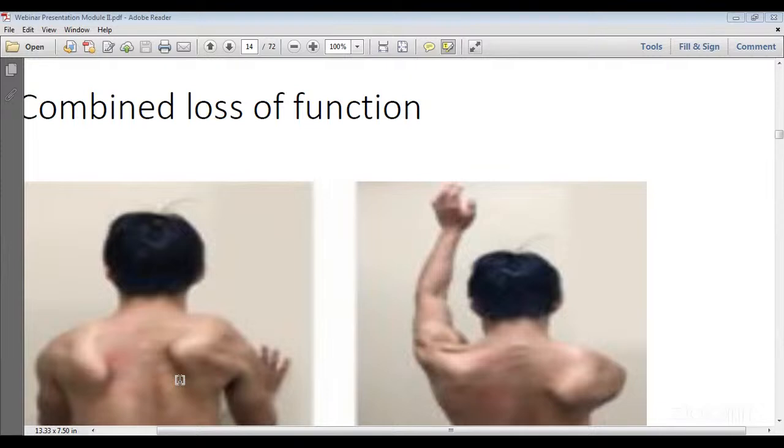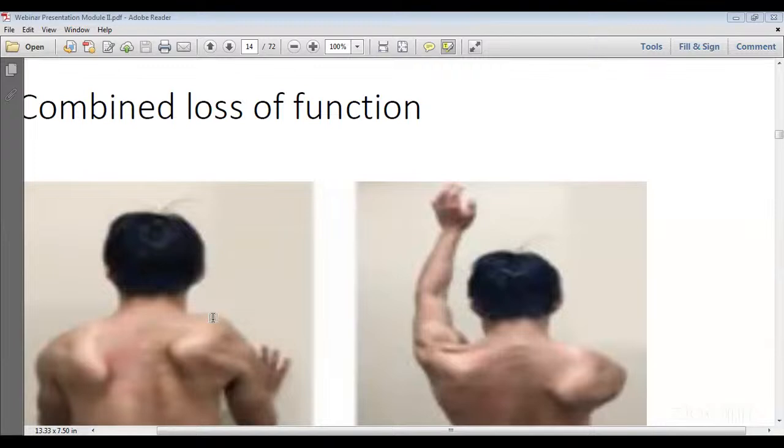The only thing there is the muscle, and the scapula is anchored by the sternoclavicular joint anteriorly, and possibly the acromioclavicular joint.